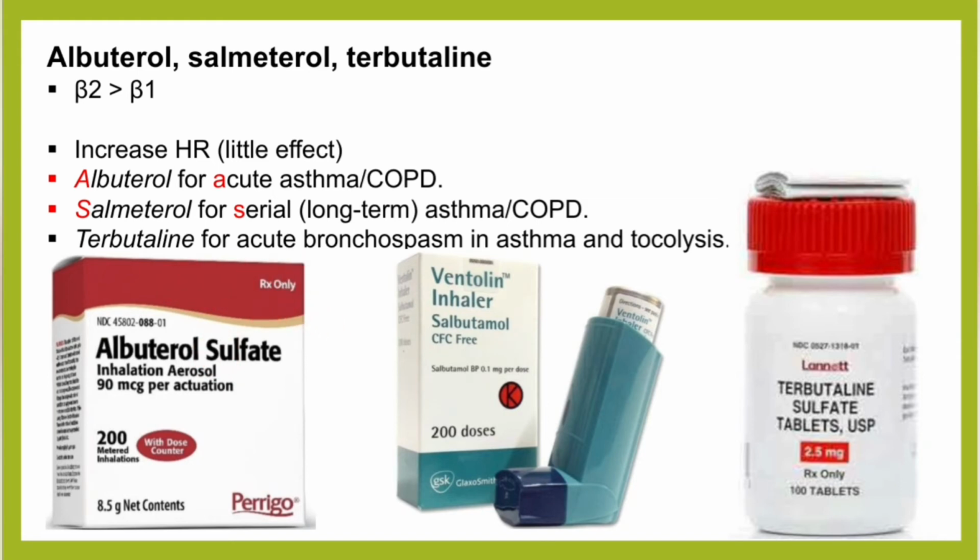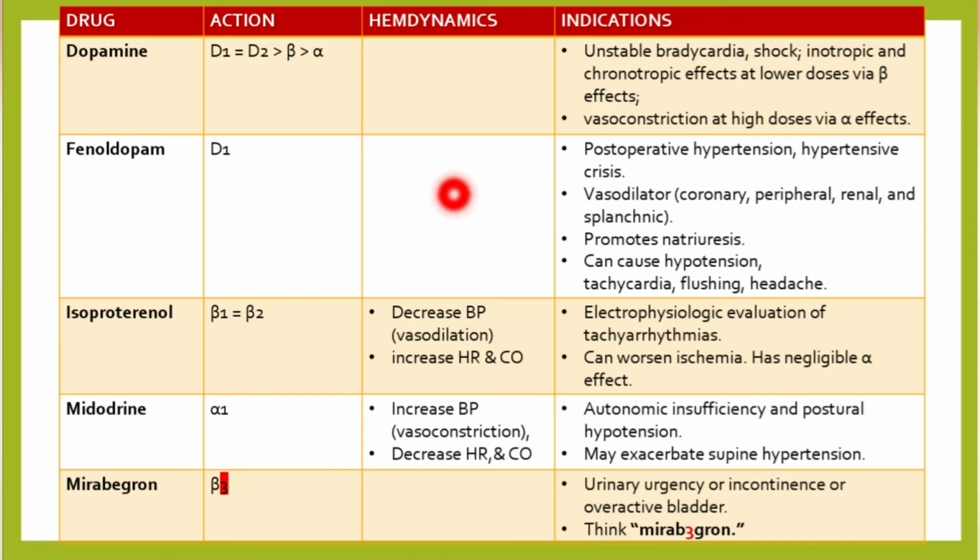There are other drugs which I just want to mention so that when you meet them in an exam, you can remember them. Dopamine. Dopamine usually acts on D1 and D2 receptors, but it can also act on beta and alpha adrenergic receptors. It's used in unstable bradycardia and shock.